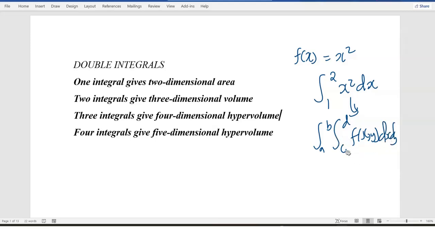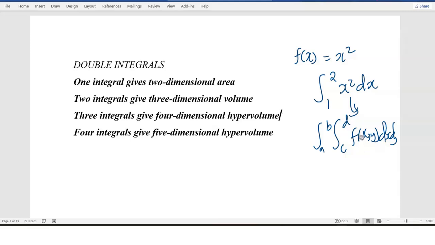This means that you have this function of x and y that you are going to integrate. What is inside here is integrating this function with respect to the x-axis. So the area in between the x-axis and this function xy, at limits c to d, is what you are dealing with here.